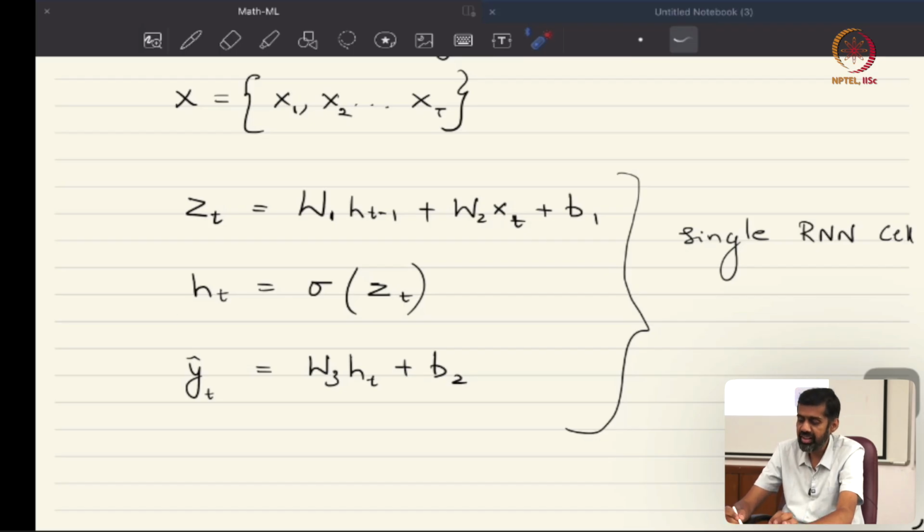The current hidden state is some nonlinear composition of zt, where sigma is some nonlinearity, it can be hyperbolic tan or the sigmoidal function or anything, and the output is a linear transformation of the hidden state. In fact, there can be a nonlinearity here as well, if you are looking at classification problems, you need it to be bounded between 0 and 1, right.